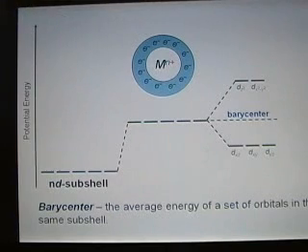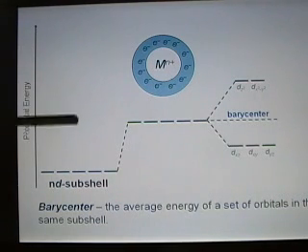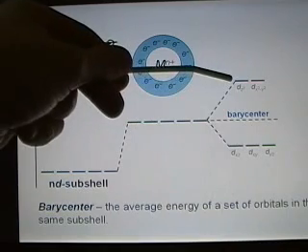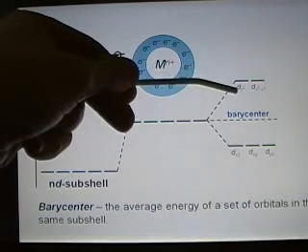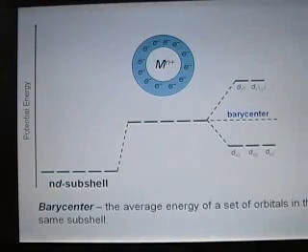As the ligands get closer and closer, they become directional and come in along the x, y, and z axes. This causes the d orbitals to split into 2 sets. The set where the ligands interact, the dz squared and the dx squared minus y squared, go up in energy because of the repulsions between the electrons on the ligands and the electrons on the metal cation.